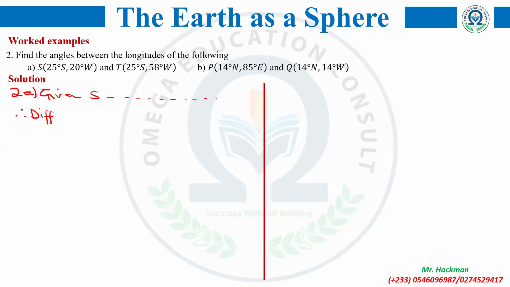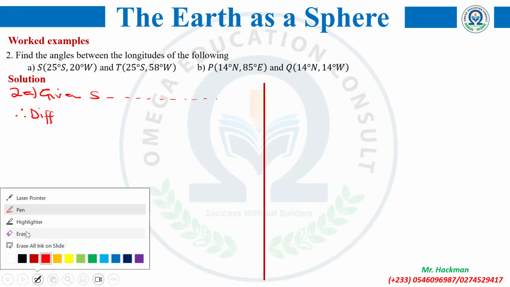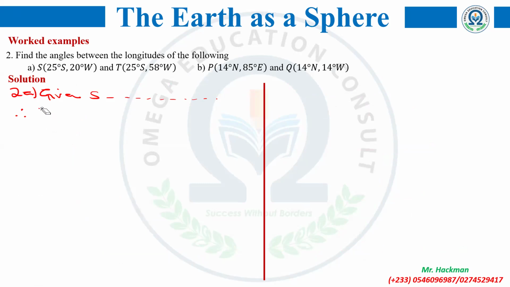Usually when we say difference, we are talking about subtraction, but in this case, at a point we will add. So I'm going to go strictly by the information provided. What am I looking for? I'm looking for the angle between. So the angle will be equal to.